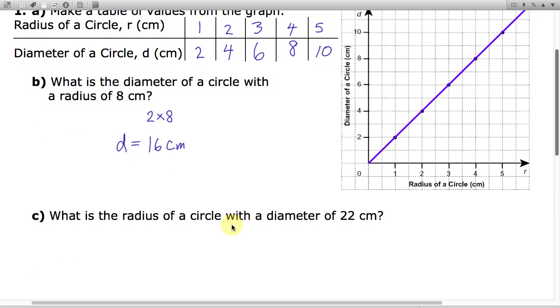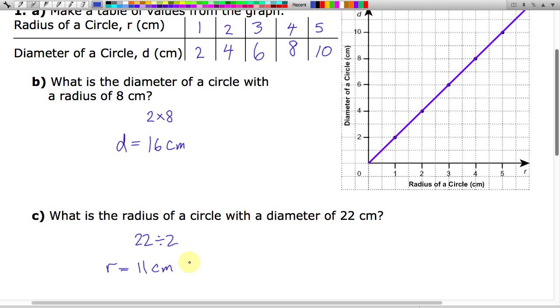And the next question is asking, what is the radius of a circle whose diameter is 22 centimeters? So once you have figured out what that relationship is, of course, you can just do 22 divided by 2 to get your answer, which is r equals 11 centimeters.